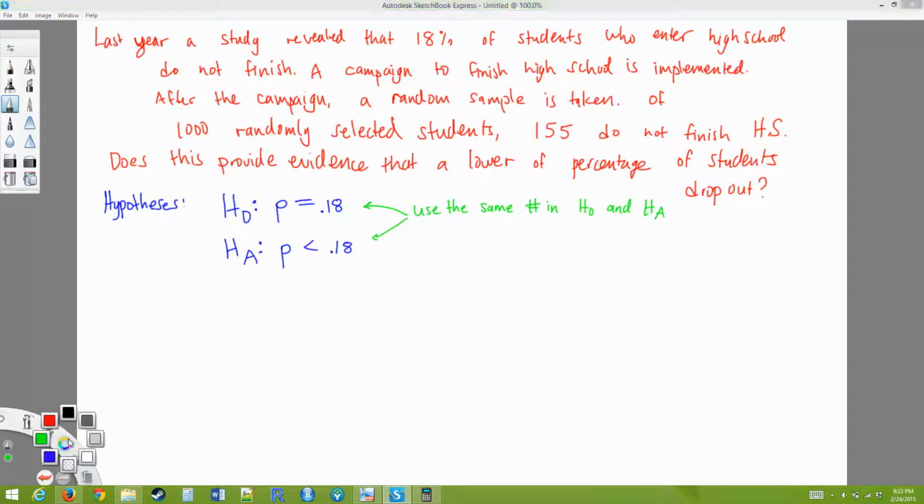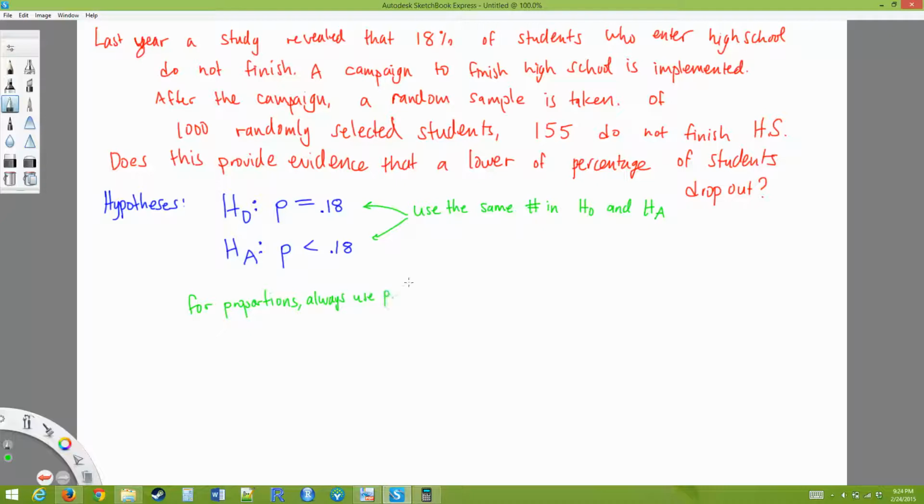Can you guys read that? Good. And again, always use p. I'm just annotating this. For proportions, always use p. We will learn other hypothesis tests where we are dealing with means, but for proportions, we will always use p. And the null always has an equal sign.